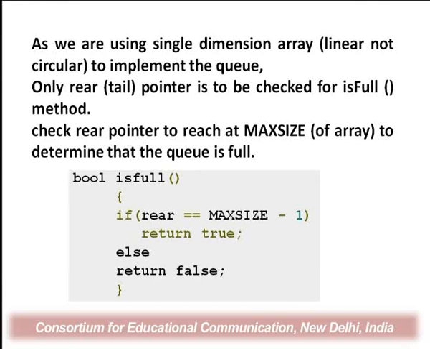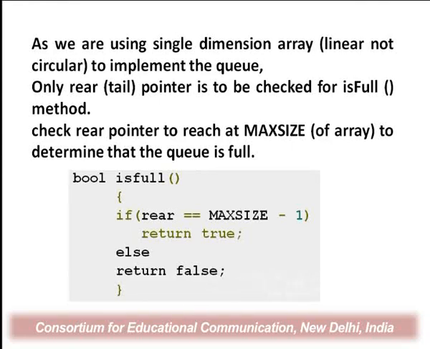So, the is full method will check whether the rear pointer is reaching the maximum size of the array to determine whether that queue is full or not. It is a method which, as I have already told you, returns either true or false. As we are implementing an array in which the commonly used starting index is 0, if it is an array of, let us say, 8 elements, the elements will be indexed from 0 to 7.